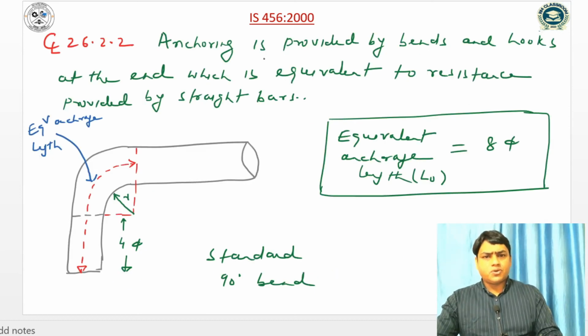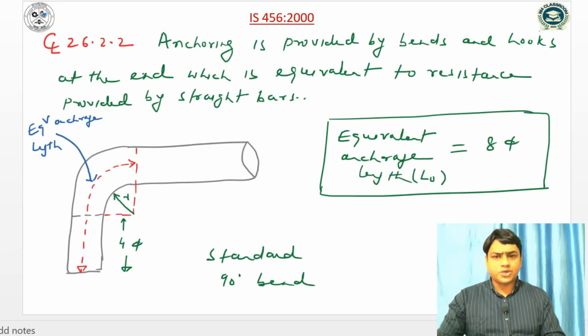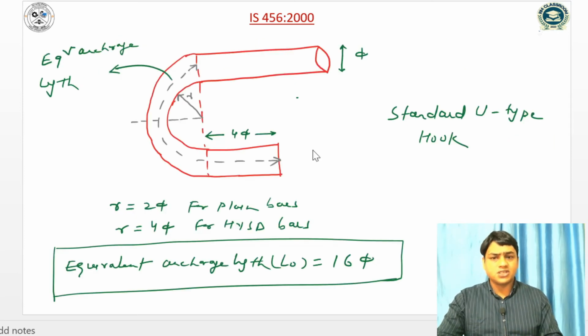The code also suggests, according to clause 26.2.2, that anchoring is provided by bends and hooks at the end, which is equivalent to the resistance provided by straight bars. So we can see that the equivalent anchorage length for a standard 90-degree bend is 8 times the diameter. Similarly, for the U-type hook, the equivalent anchorage length is 16 times phi.